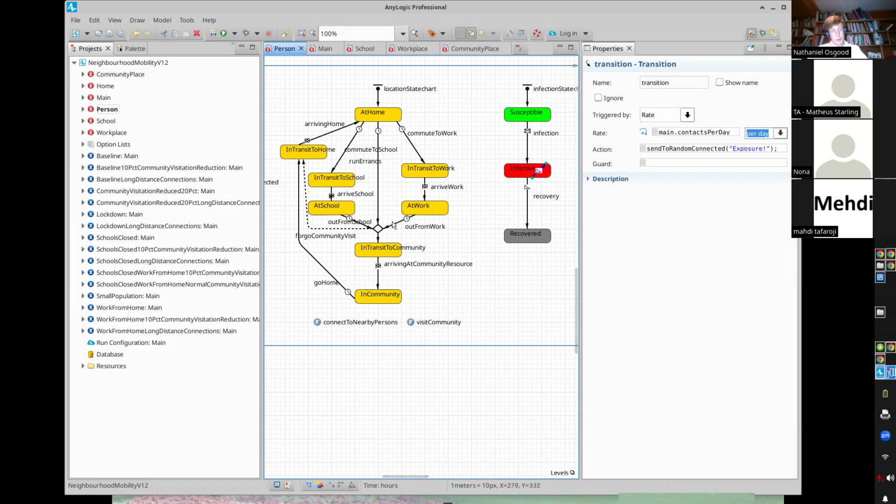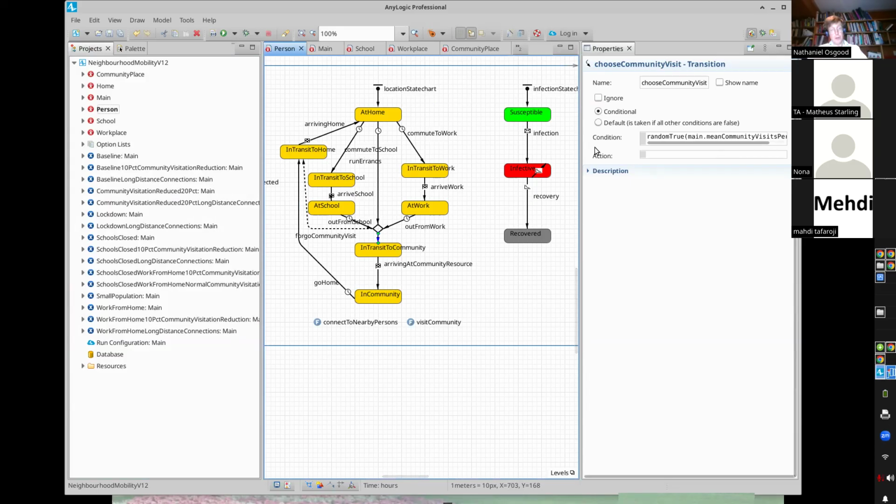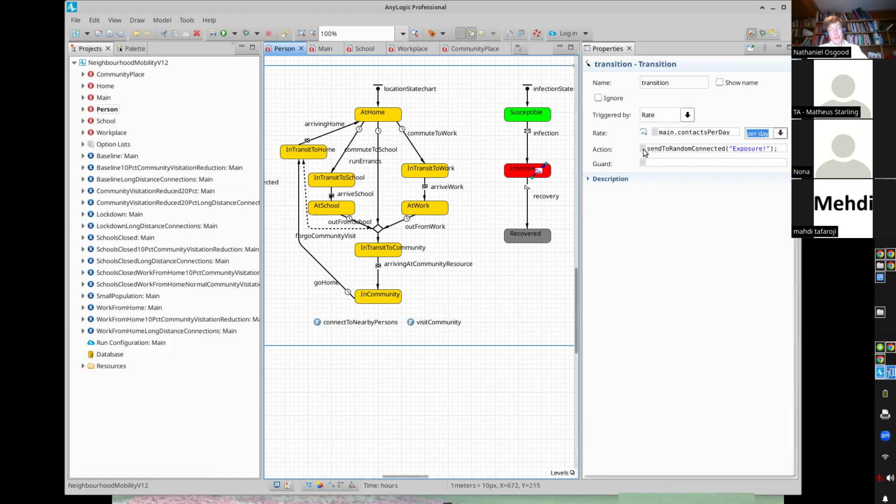There are exceptions like these timeouts, but even here, there's a flip of the coin for whether someone goes into the community on a given day or goes home directly. And indeed, whether an infection is transmitted, and to whom it's sent, depends on randomness and on random connections.